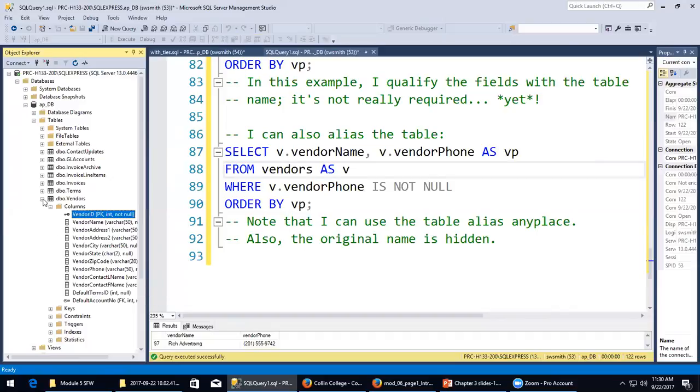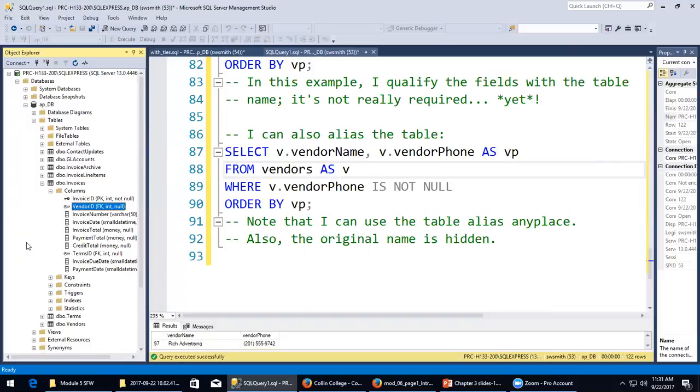Let's go look at the invoices table. Do you see vendor ID in the invoices table? Notice it says it's a foreign key. So what is the where clause on this? I want to select the vendor name, invoice number from vendors, and you can alias it as V, invoices, where, here's where the rubber meets the road.